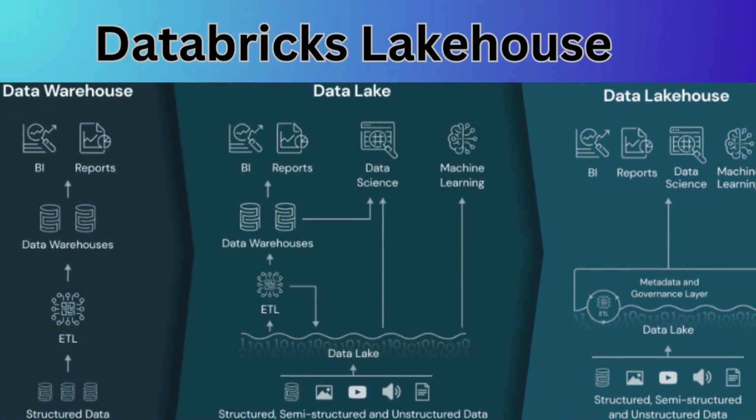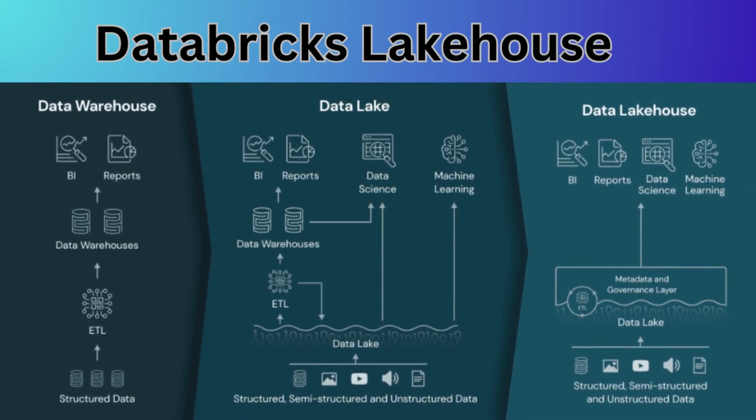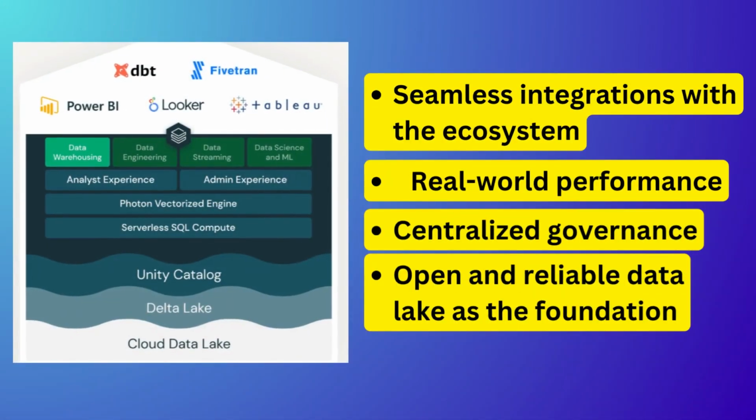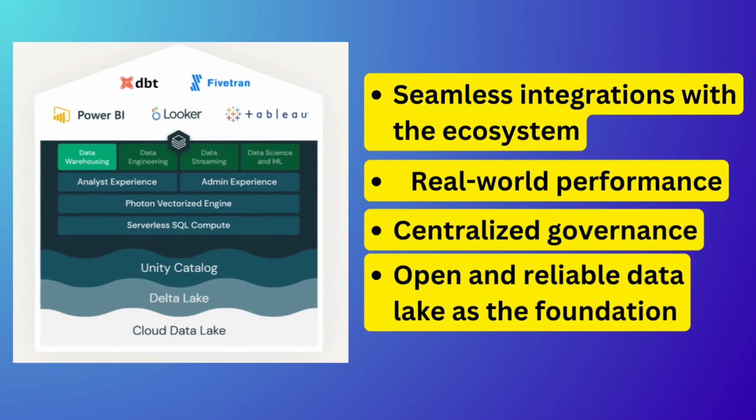Lakehouse is the combination of both data warehouse and data lake. The advantages of both are combined to create the Lakehouse. You need to know about the Databricks Lakehouse architecture, how the Lakehouse platform is designed, and what the benefits of the Lakehouse are. If you look at the Databricks Lakehouse architecture, there's a data lake, there's a Unity Catalog, and there's a Delta Lake.